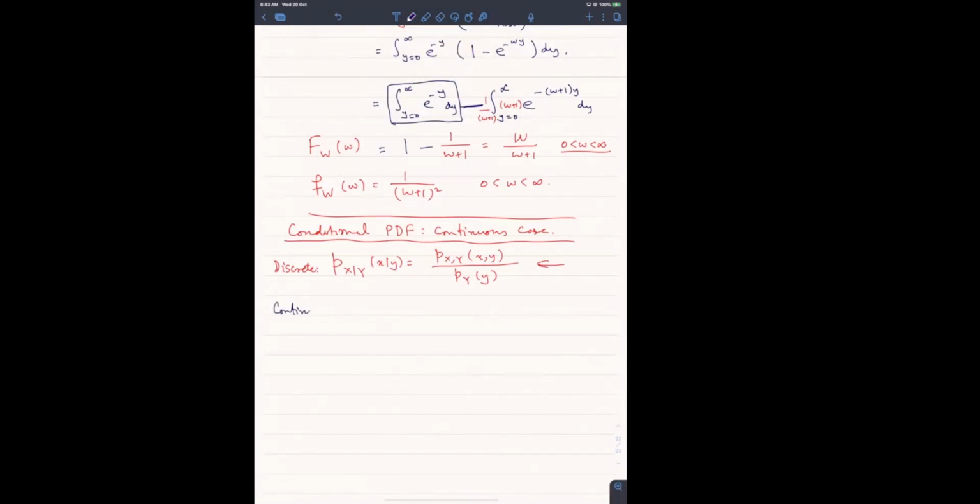Continuous के case में, this will be similarly f of X given Y is equal to the joint PDF of X and Y divided by f_Y of y, the marginal of Y. One thing I would like to mention here is that although the probability that capital Y takes a value small y, the probability of that event is 0, I can still condition on that. ये मैं उसके ऊपर फिर भी condition कर सकता हूँ. ठीक है.